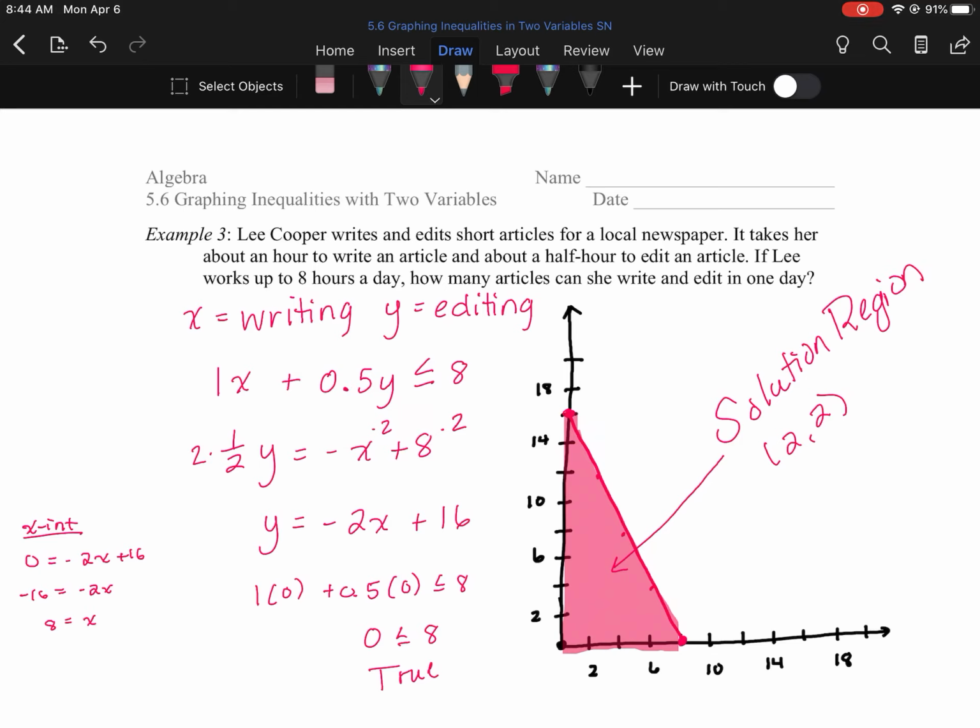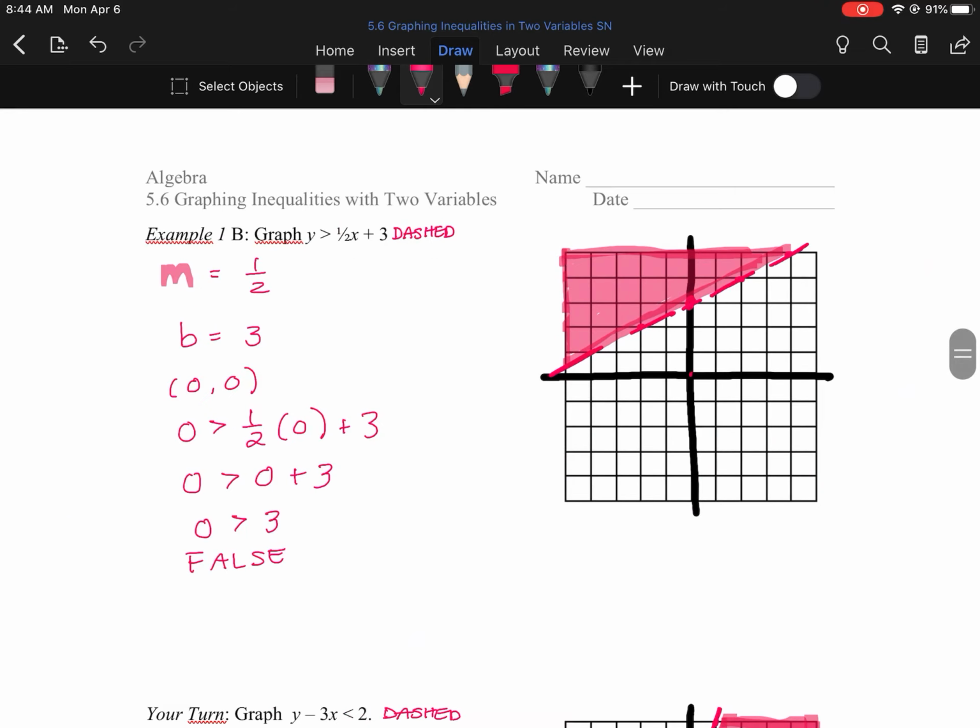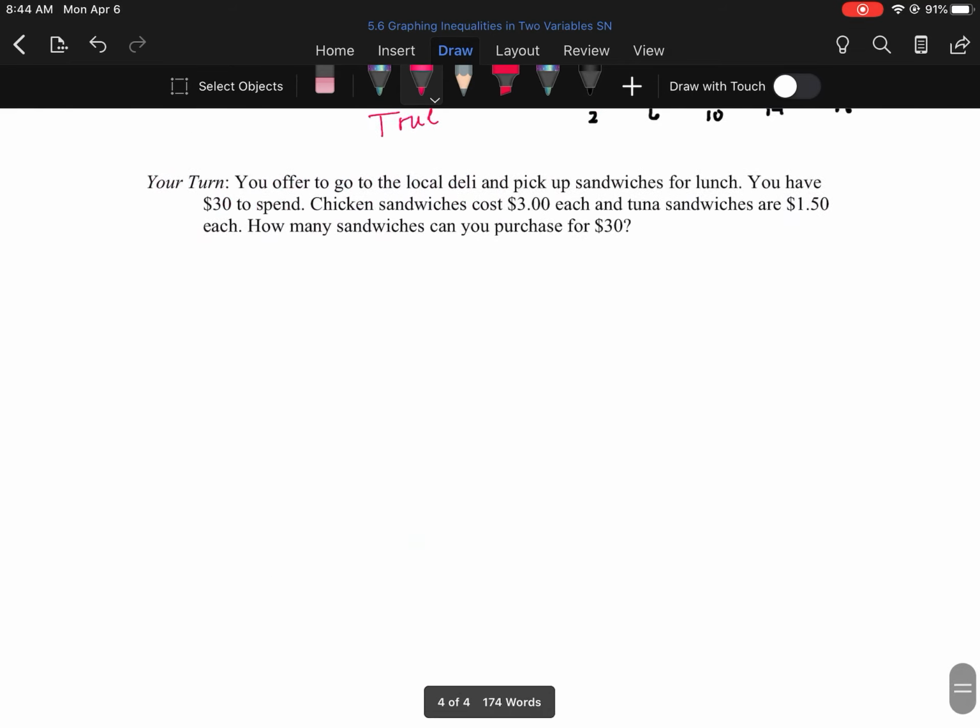She could write 2 articles, edit 2 articles. I could pick 6, 4. She could just do 0, 14, which means she could just edit 14 articles all day and do nothing else. Don't write any. So any values in that shaded region are solutions.